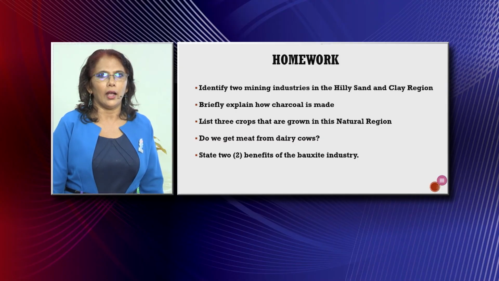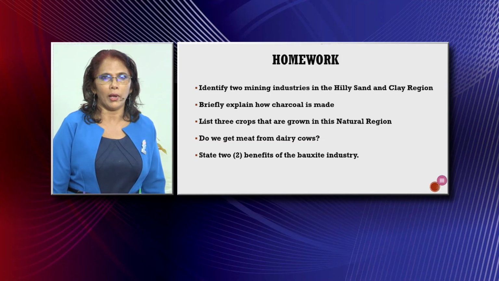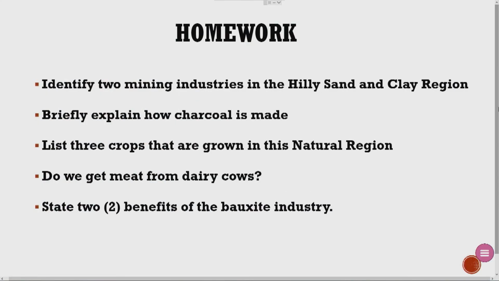Homework. Identify 2 mining industries in the hilly sand and clay region. Briefly explain how charcoal is made.